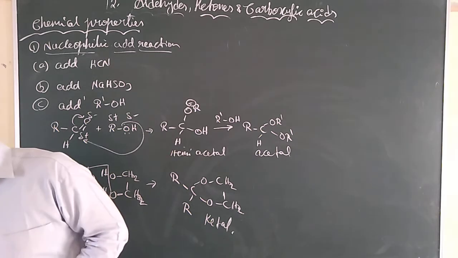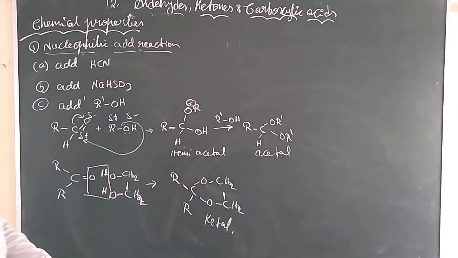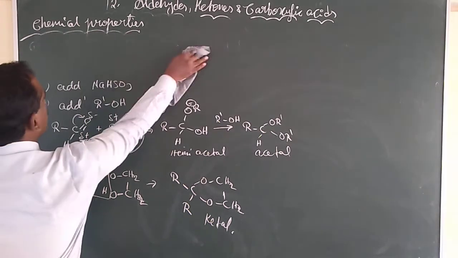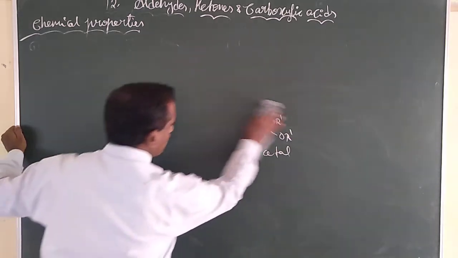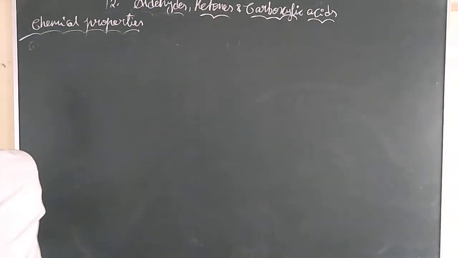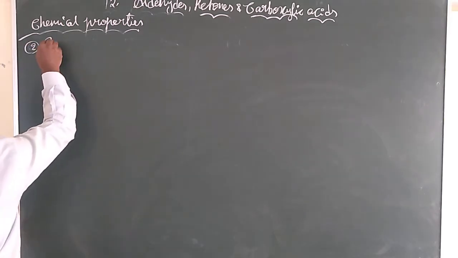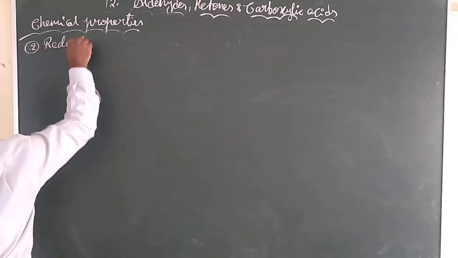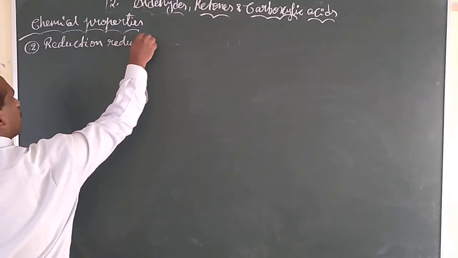We have the reduction reactions. So the second chemical property that we know is the reduction reaction. I am not going to highlight the concepts that we already know.